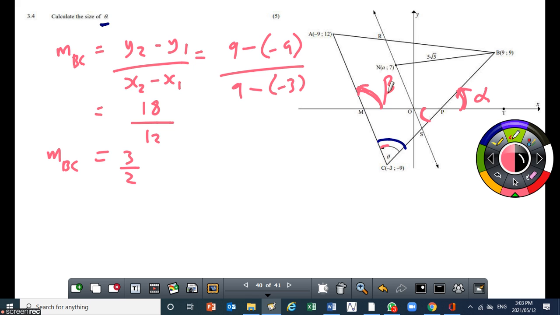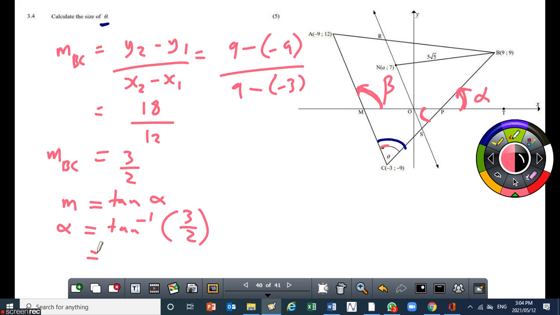So, since I now know the gradient of BC, and the straight line has a positive gradient, it means I can find that alpha by using the equation m equal to tan alpha. Which means my alpha is going to be equal to shift tan of the gradient.